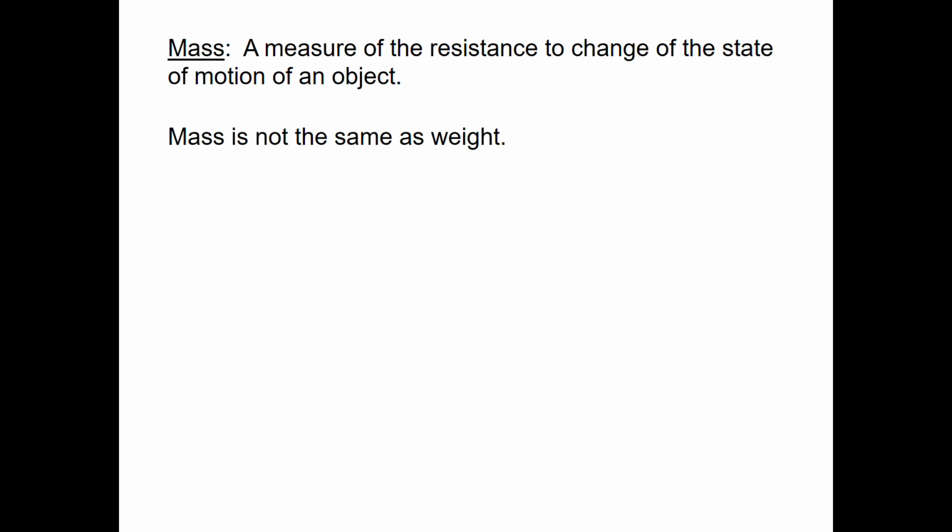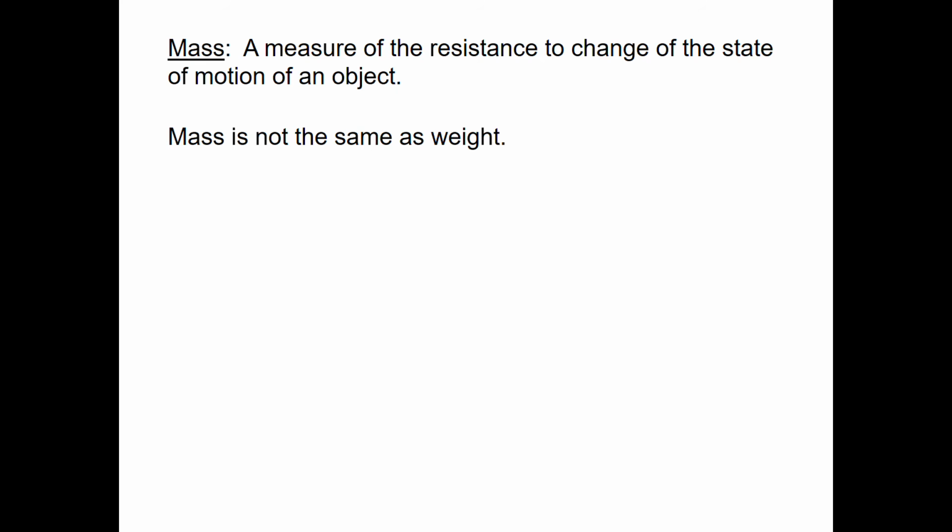But to see they're not the same thing, imagine moving that bowling ball out to deep space. In deep space, it's just as hard to change the state of motion of the bowling ball, so we would say it has the same mass in deep space, but we would say its weight is 0 out there. In other words, if I put that bowling ball adjacent to a scale, it's not going to push on the scale at all.